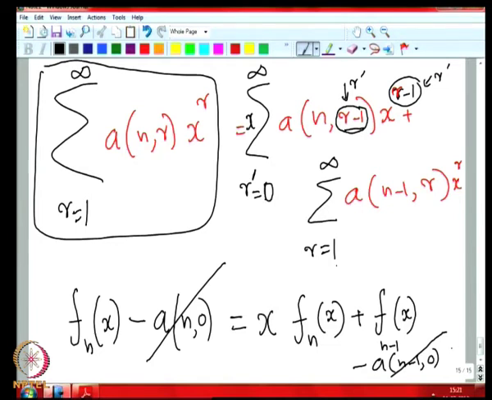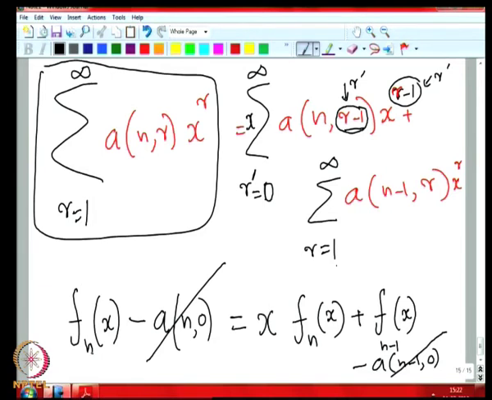Remember, we are only talking about this entire thing, n is assumed to be at least 1. So, a(n minus 1, 0) is a(0, 0) in the worst case. And f n minus 1 of 0 is already defined, that is just 1 if n equal to 1.